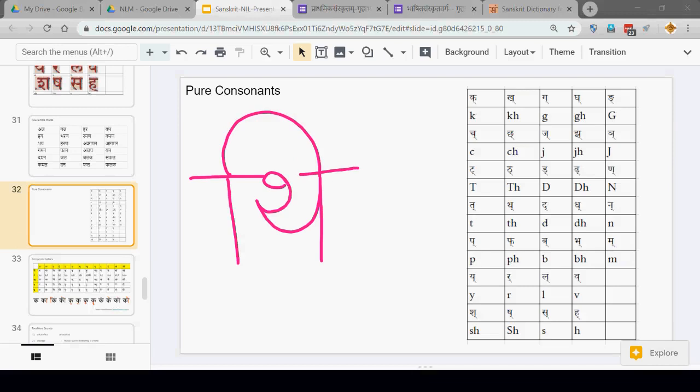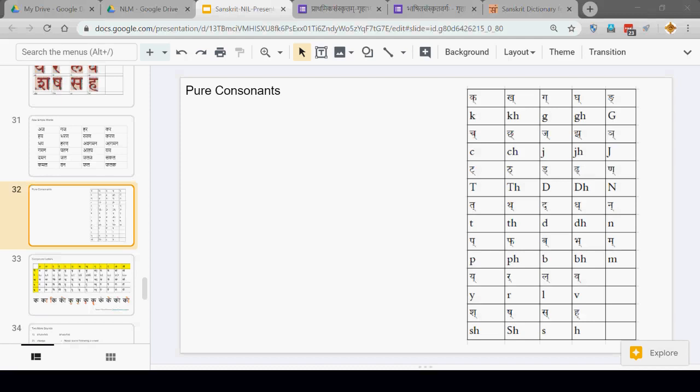So the loop has to start at the top of this vertical line, and it has to end at the top of the vertical line of this letter, where it is touching the horizontal line. Another example, let me show you. For example, this pha. The base symbol is like this.